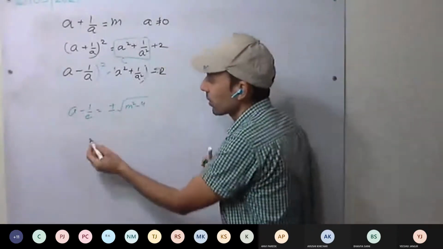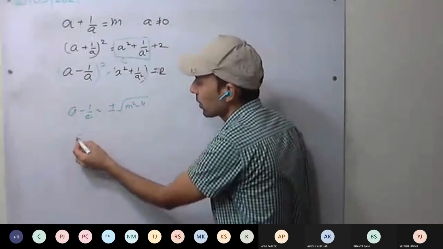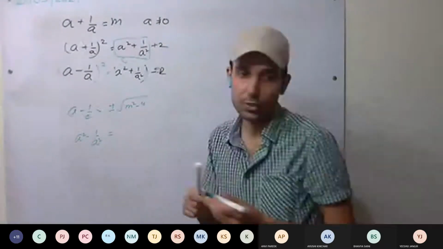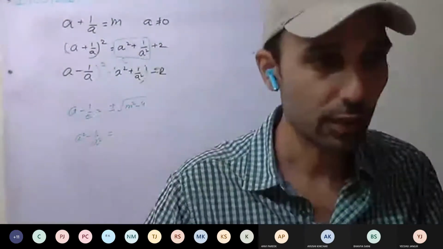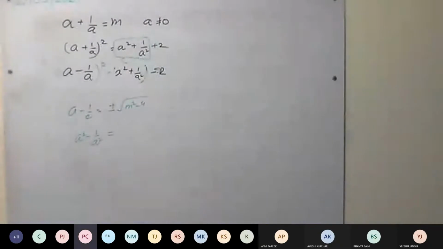Okay. Now calculate that one, a square minus 1 upon a square. Which identity are we going to use? The most liked one. Keep doing the question. Which identity are we going to use here?